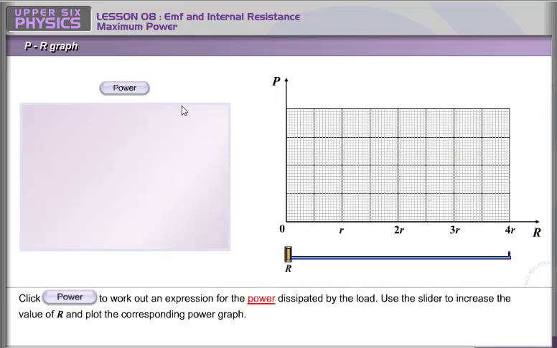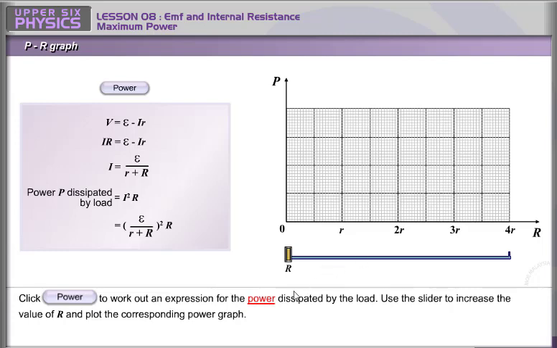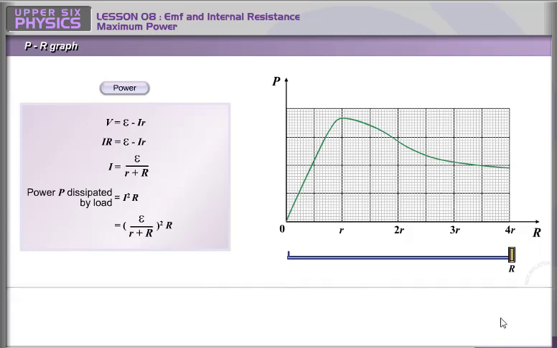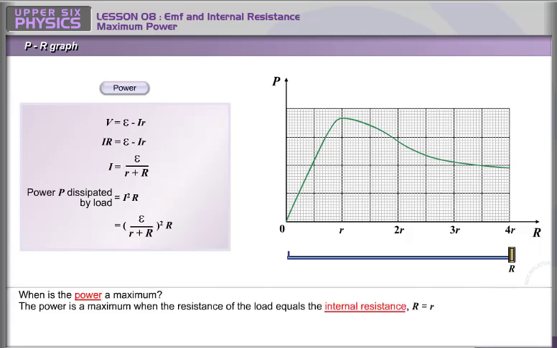Click the power button to work out an expression for the power dissipated by the load. Use the slider to increase the value of R and plot the corresponding power graph. When is the power a maximum? The power is a maximum when the resistance of the load equals the internal resistance, big R equals small r.